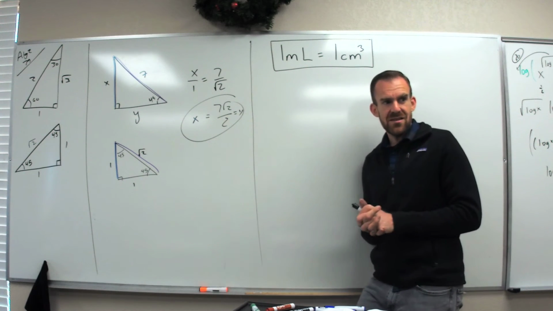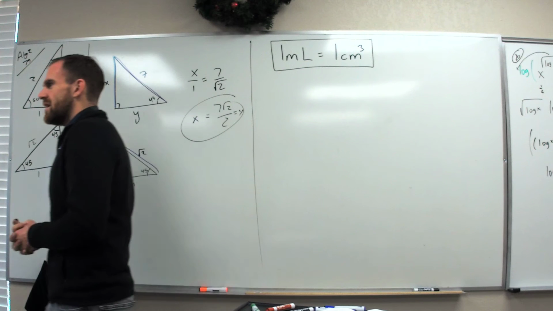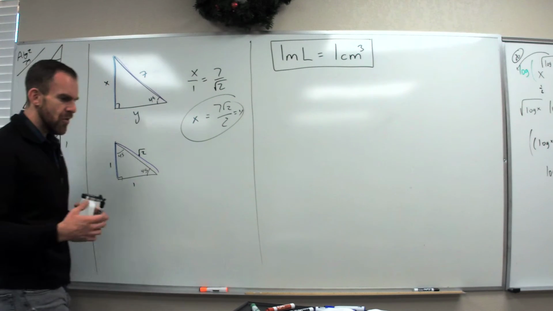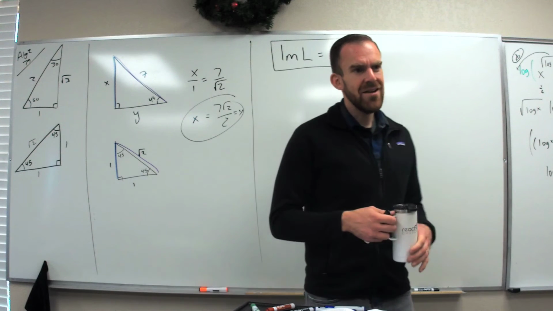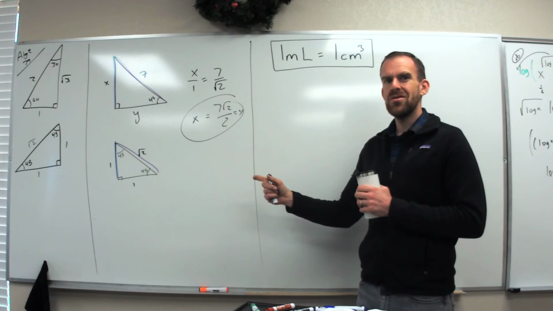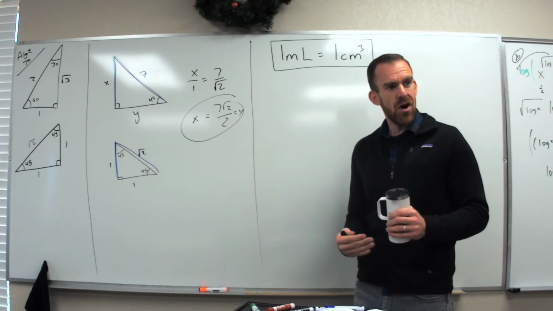Why is this the case? Because milliliters are a measurement of what? Volume. And centimeters cubed is a measurement of volume. So, in a perfect world, volume should be able to convert to volume.